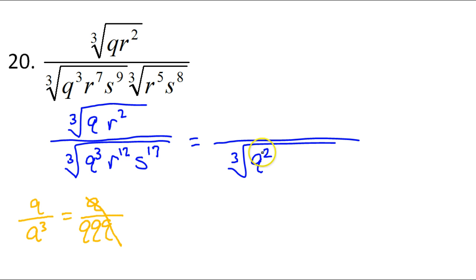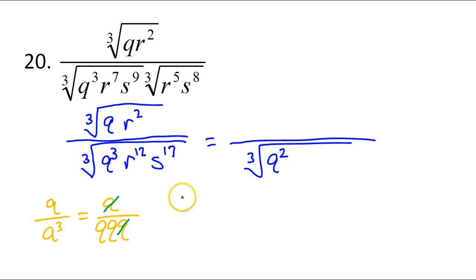So that's why I have q squared down here in the bottom. Similarly, look at the r's. I have these two r's in the numerator will cancel out two of these r's in the denominator, and that's going to leave r to the 10th power. And also I still have these s's. So I have s to the 17th power.